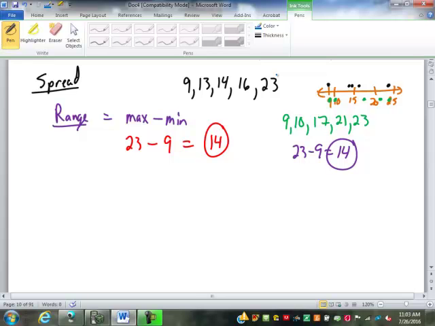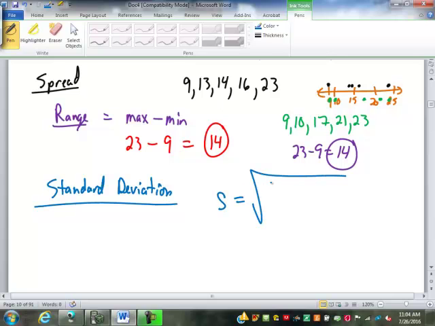So how do we quantify that? The range isn't going to do it. So we'll talk about something called a standard deviation. Now there is a formula for standard deviation. It looks like that.